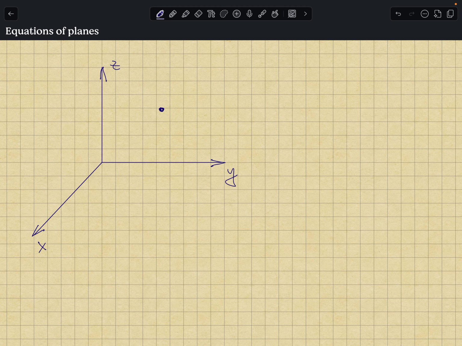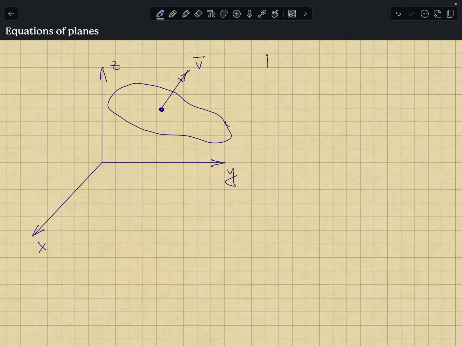So, given a point P and a vector V, I may want to find the equation of the plane through P that is perpendicular to V. So, that's the goal.